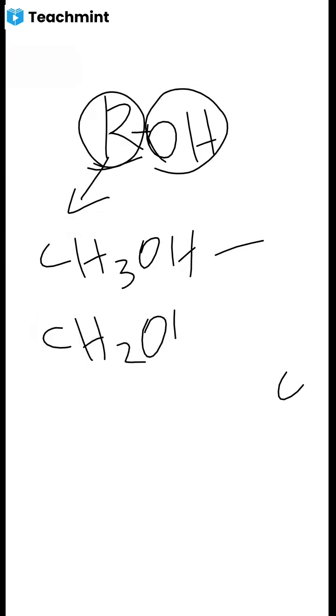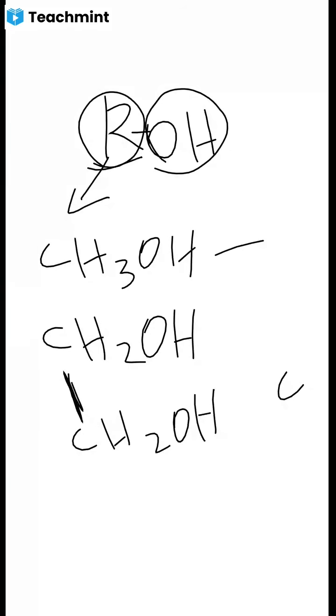Dihydric is glycol, CH2OH, CH2OH. So glycol is an example for dihydric. It contains 2 OH groups. Next one, trihydric.